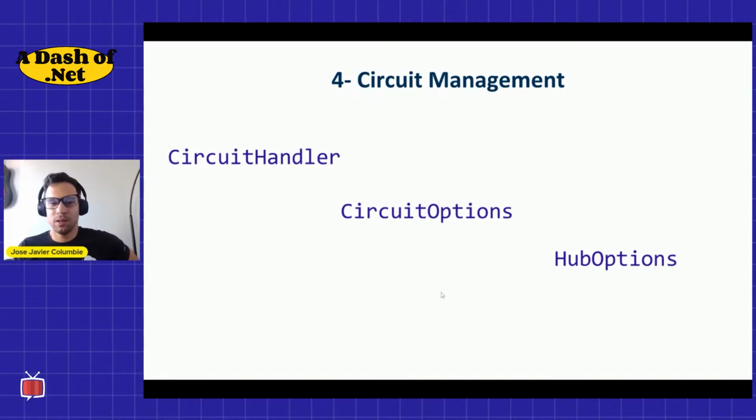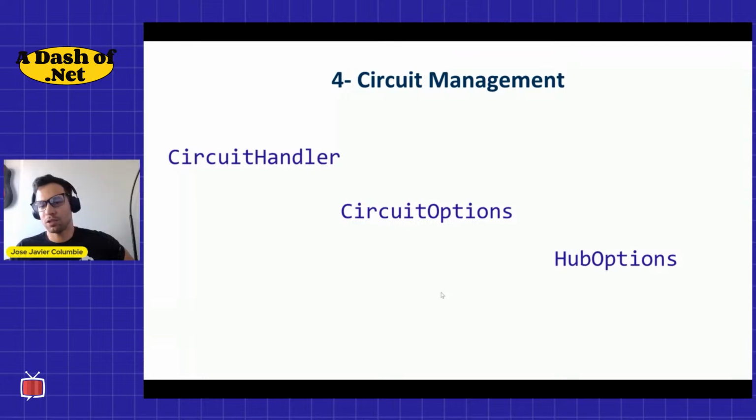Now, the other really good thing to keep in mind, and we'll see a little bit of code here, is that in Blazor Server we have the circuit handler. Basically, every connection, every WebSocket, is a circuit that handles the state and keeps that connection open for us. But sometimes we need to customize it, so we can see when a user is disconnected, when it is connected, and also change the options, because by default we hold the memory of the sessions for 3 minutes.